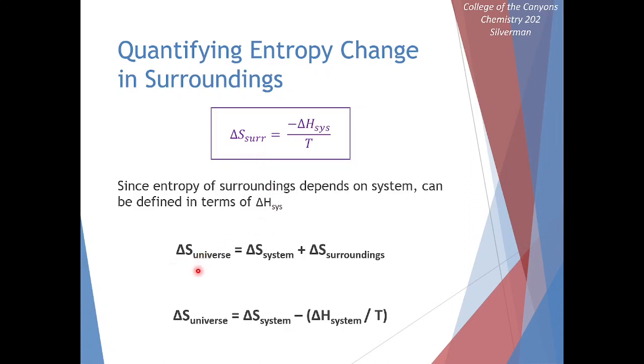Our expression for spontaneity is now, okay, delta S for the universe is equal to delta S for our system plus our surroundings. Let's replace our delta S for the surroundings with negative delta H divided by T. Now we can think about things purely in terms of our system.